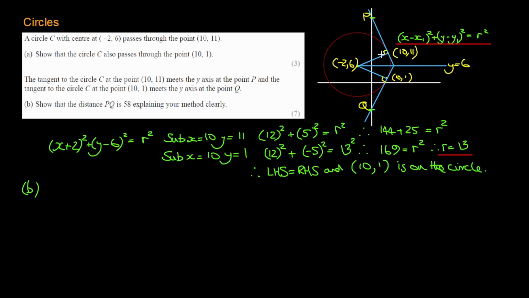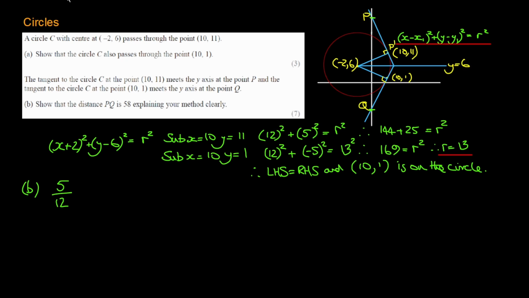So what I'm now going to do is find the gradient of this line here. Once I've found the gradient, the normal gradient of the line through P will be the negative reciprocal of that. So let's get that underway. So the gradient is rise over run. So the rise from 6 to 11 is 5. And the run from -2 up to 10 is 12.